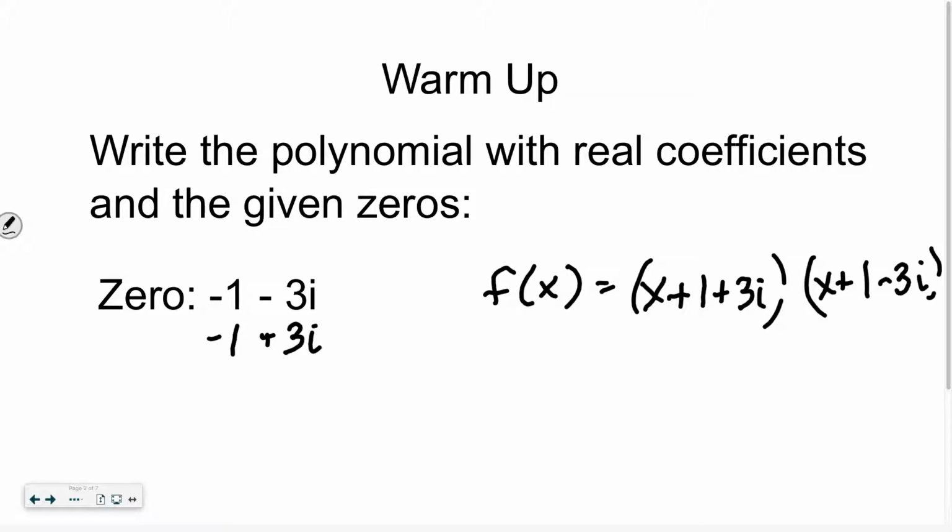Some of us may be able to jump over that step and just go ahead and distribute the negative. Just be real careful here. The first two terms should always look exactly alike, so they both look like x plus 1 in both factors. Never should you have complex conjugates that you put back as factors where one is x plus 1 and the other is x minus 1.